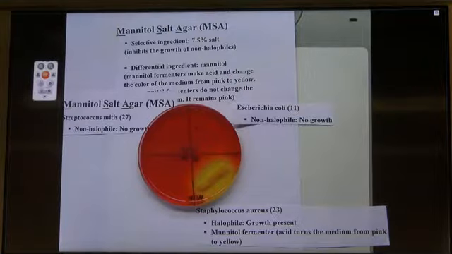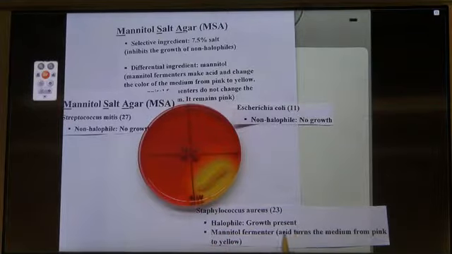It is fermenting the mannitol and making acid. Remember the definition of fermentation from lecture? Fermentation, process in which bacteria produce acid from sugar, right? Some bacteria produce alcohol too, but in this case, bacteria is making acid, and that acid is turning the medium yellow.